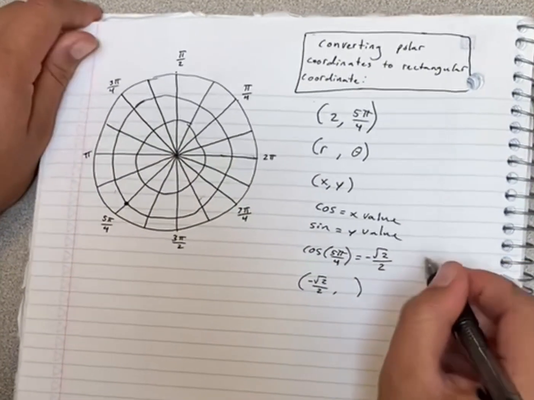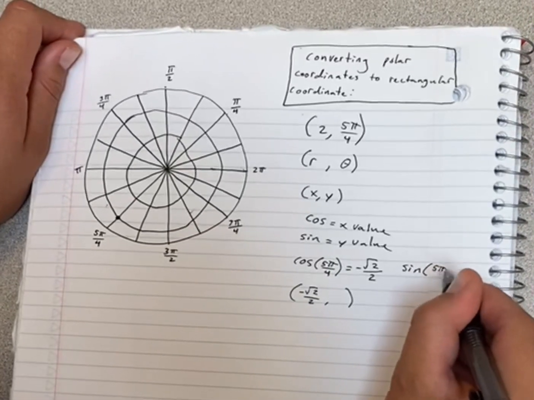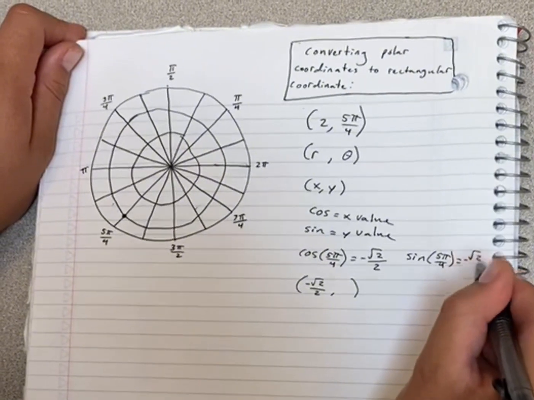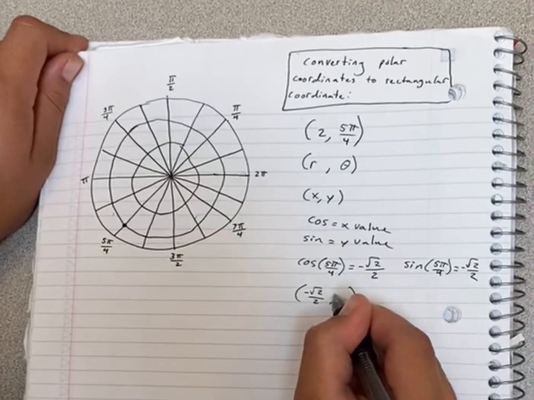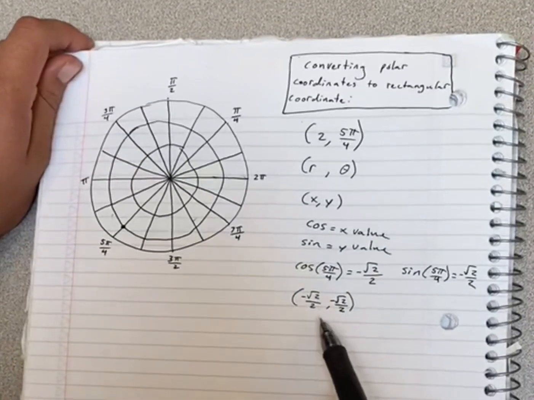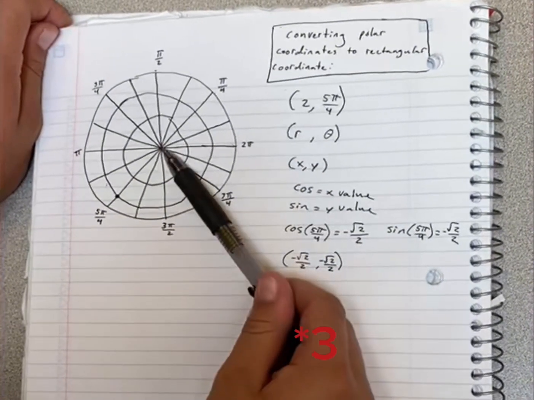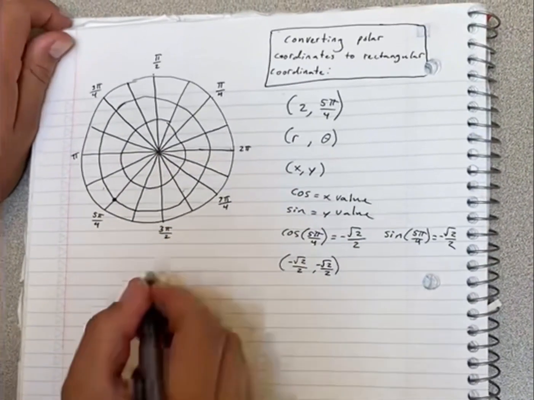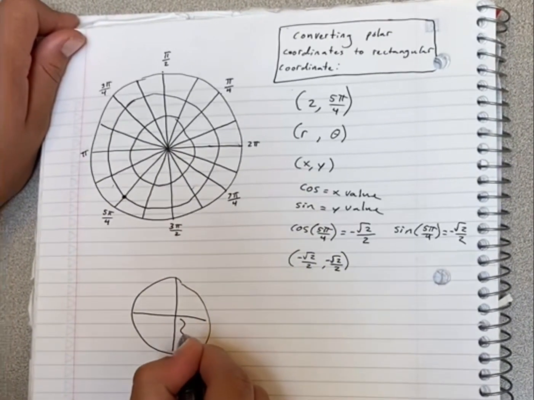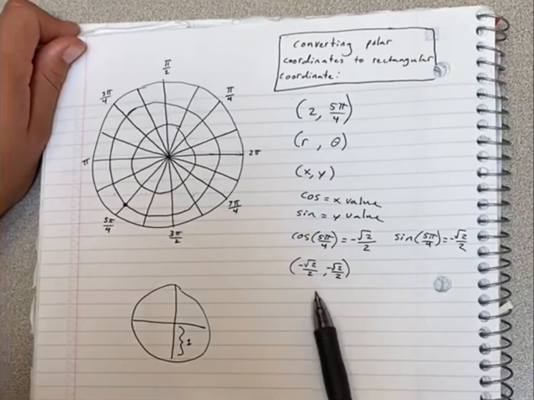And now let's find the sine of this point. So we're gonna do sine of 5 pi over 4, which equals negative square root of 2 over 2. So we're gonna put that right here. But we're not done yet. This particular point has a radius of 2, but the unit circle only has a radius of 1. So we need to match that radius to this point.